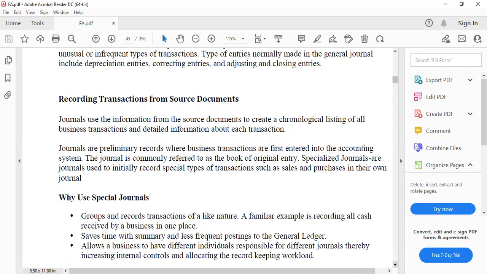These prime books, information will spread up to other ledgers. It's not the final destination of the information. You record the information in the prime books. You transfer this information later to their respective ledgers. If there were sales, maybe you made sales to Kamau, you record in the sales journal that you made sales to Kamau on credit.